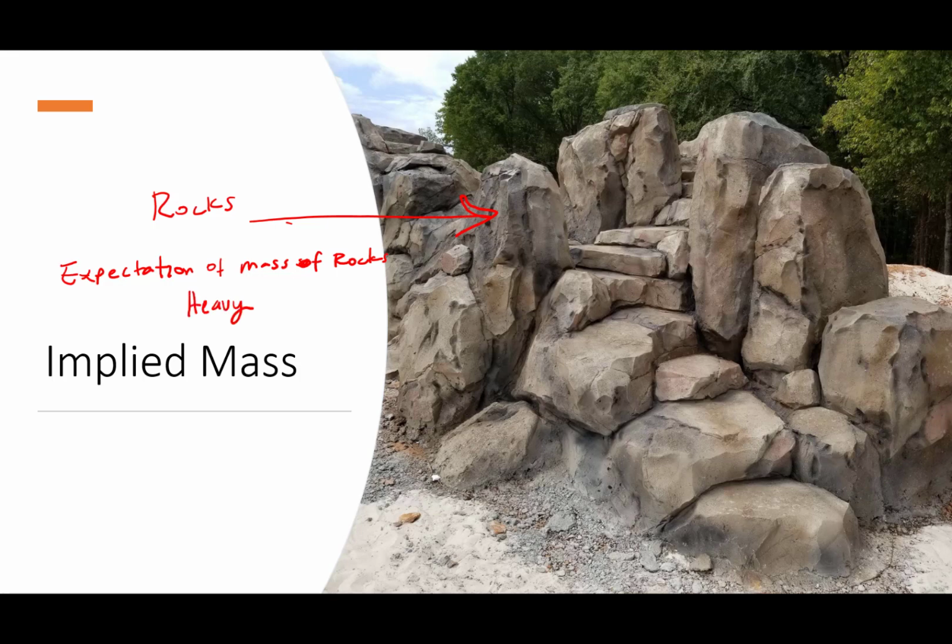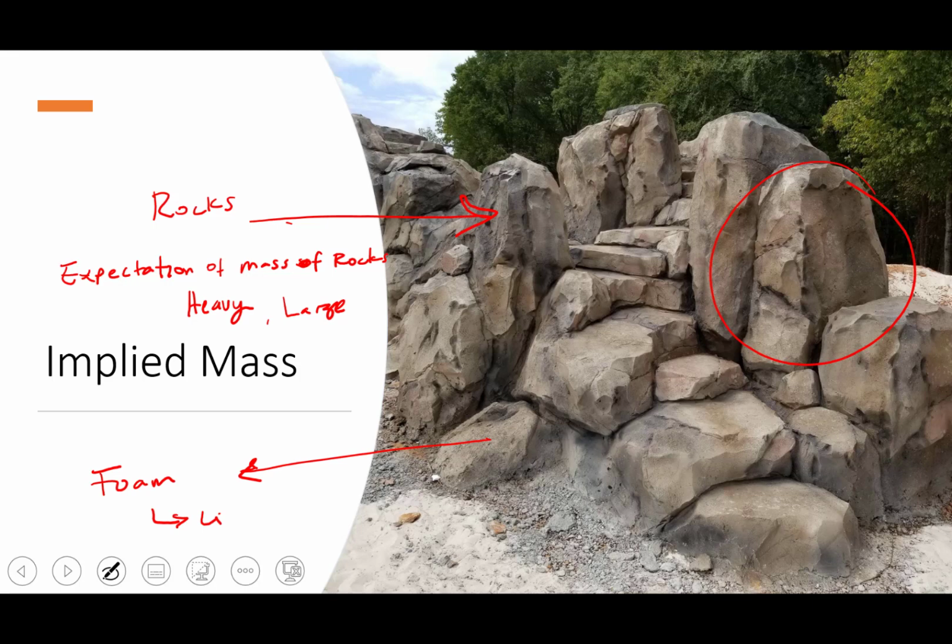You think of mountains or boulders, they're heavy, they're large if they're boulders, right? When these are more boulders than rocks. However, the material that these are made out of is foam, which is light.